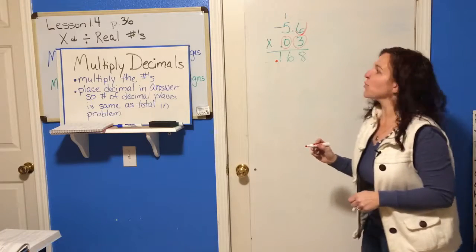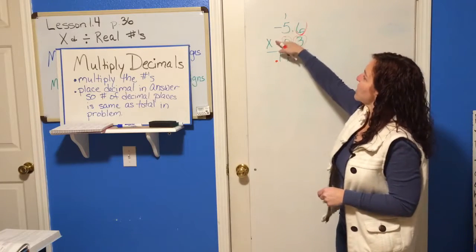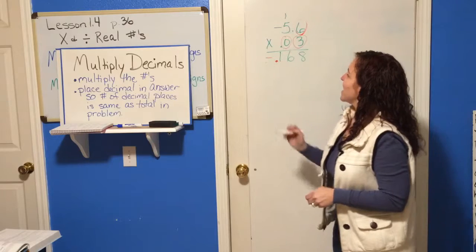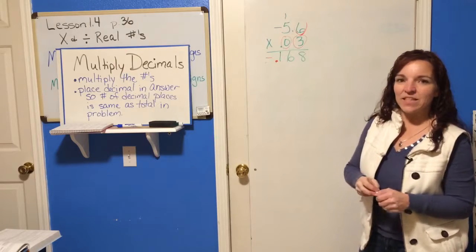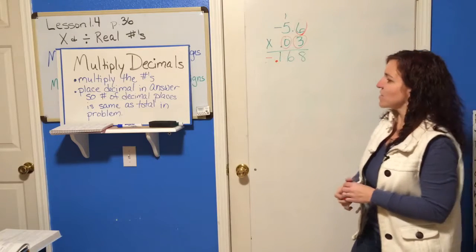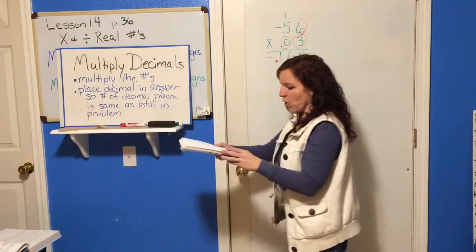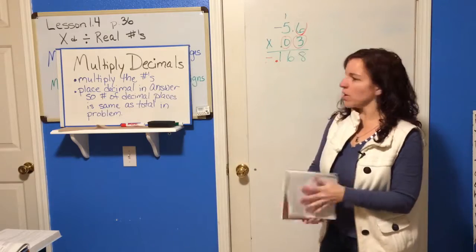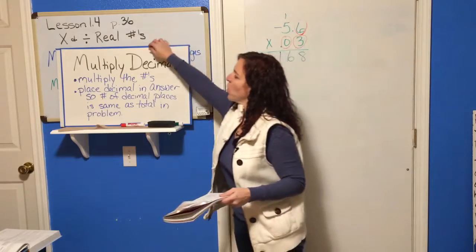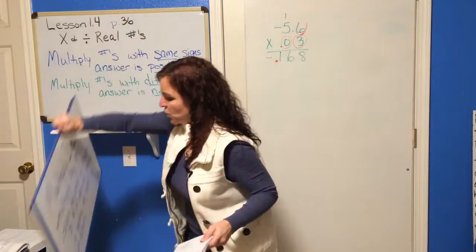So there's my decimal for my answer, and I had a negative times a positive, so my answer is negative 0.168, negative 168 thousandths. All right, there are more of those in your book to practice with if you need more practice on those.